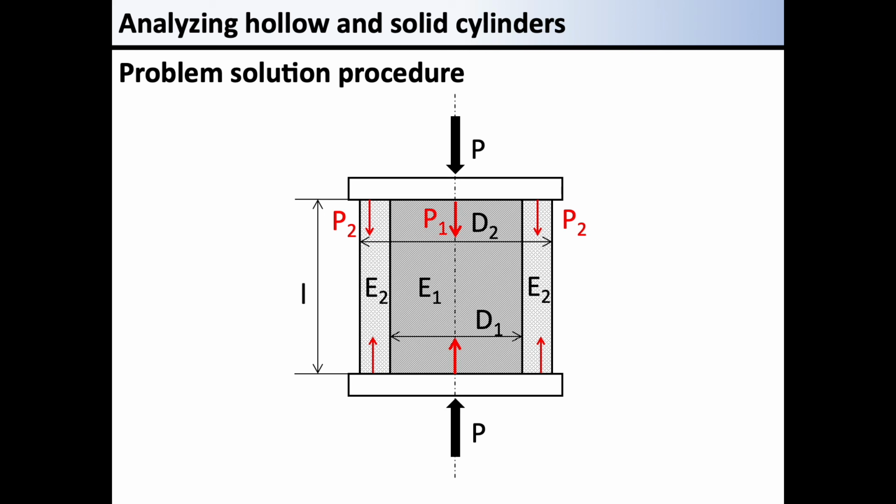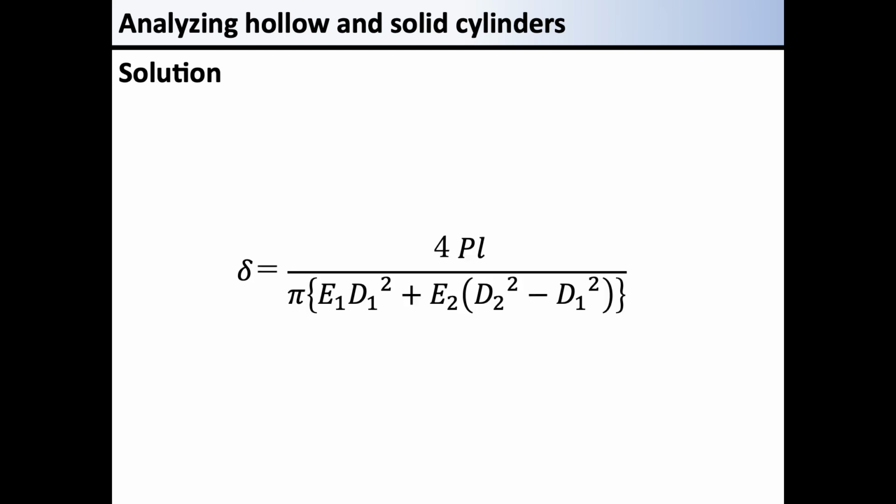The basic procedure is similar to that of the statically indeterminate problems we have solved so far. The answer is shown here. You should try to solve this problem on your own first and check if your answer is correct or not.